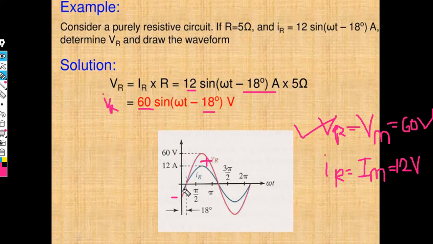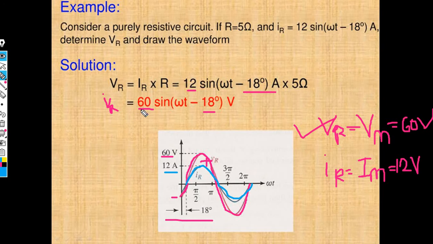That means this is the minus angle, minus 18 here. For the voltage waveform, the maximum voltage is 60 volt. The second waveform is the current waveform, and it will be 12 ampere.